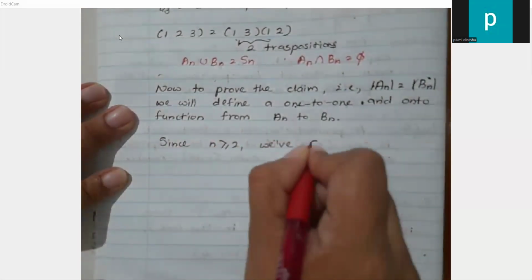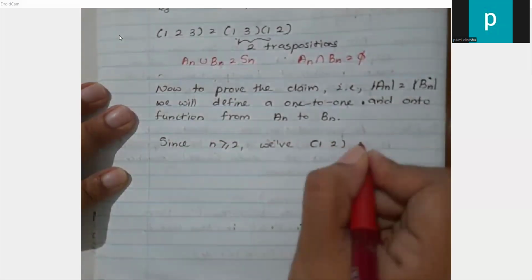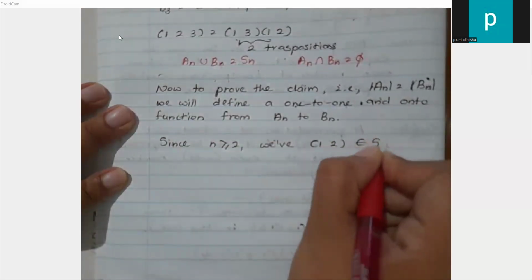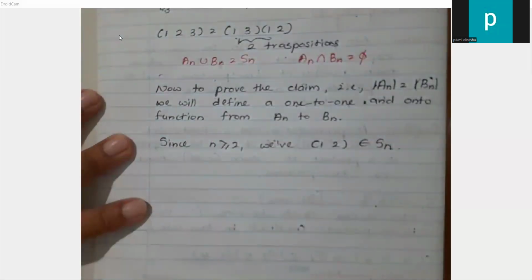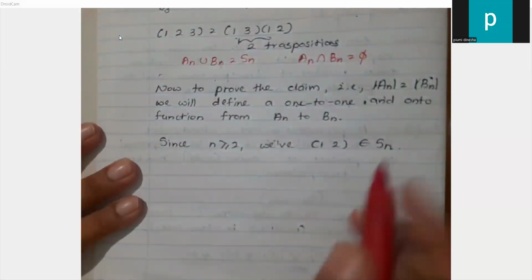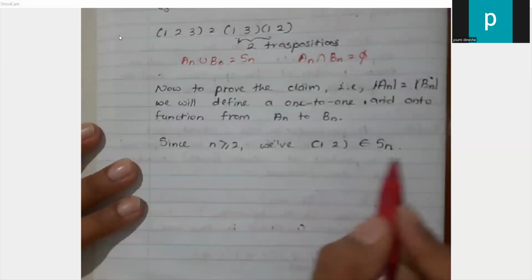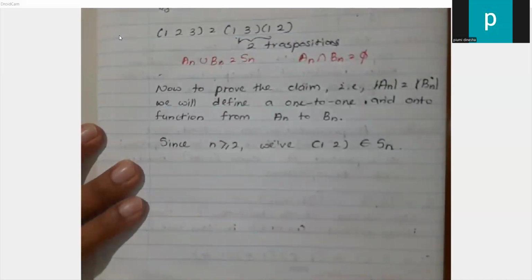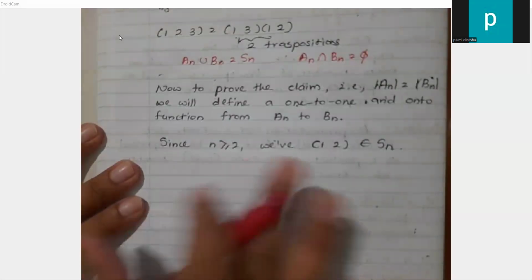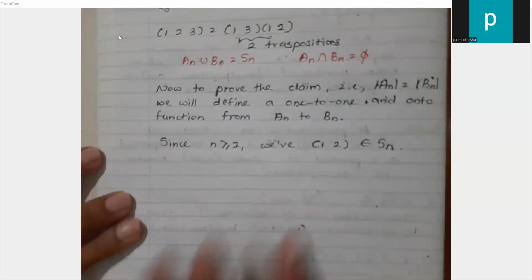We have the cycle or the permutation (1 2) in Sn. It's definitely in there. For S2, this element is in there. That's the only element different from the identity. For S3, even for any higher n, this will definitely be there, right?